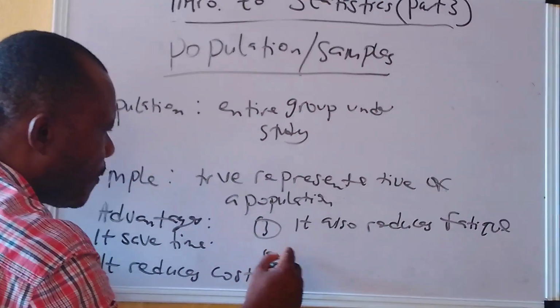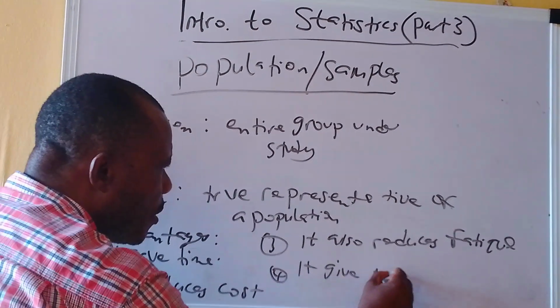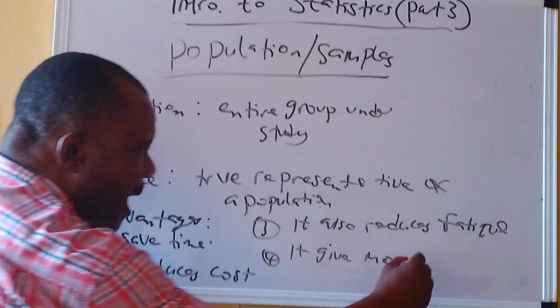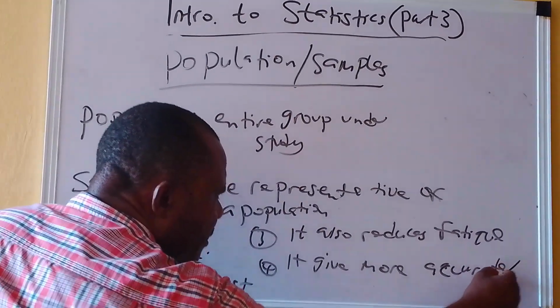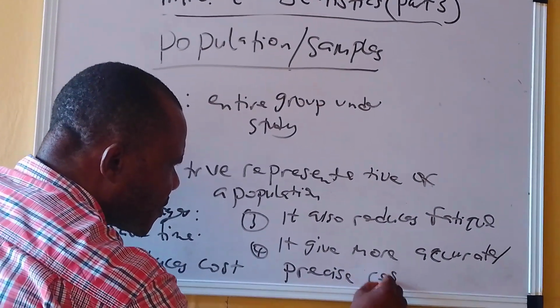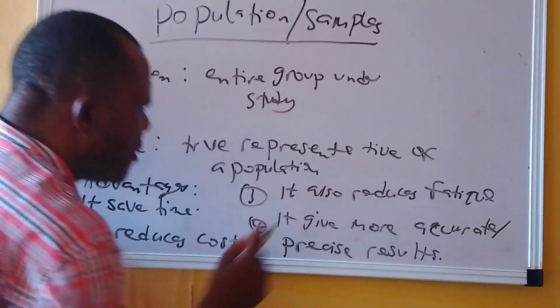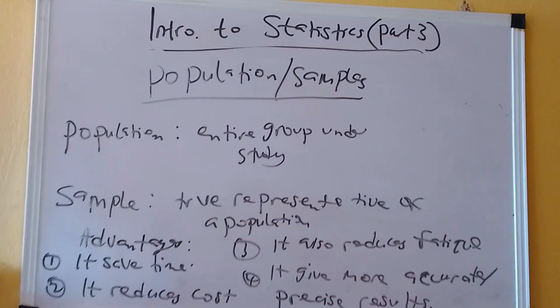And number four, it gives more accurate, precise results. So these are key terminologies you need to know in statistics, and when you have them, you will do well in statistics.